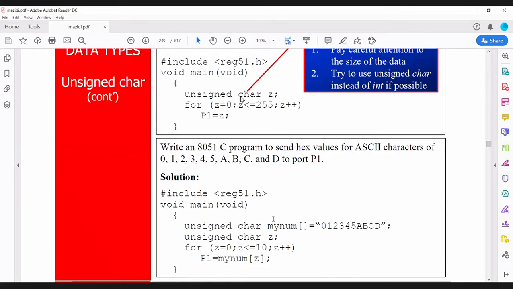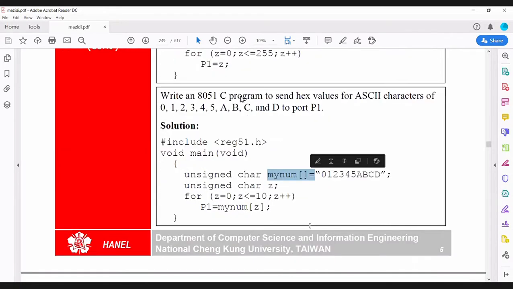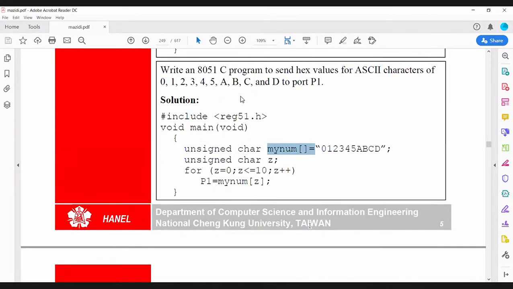How do we do that? By giving this syntax, my num, bracket open, this one, in this semicolon.